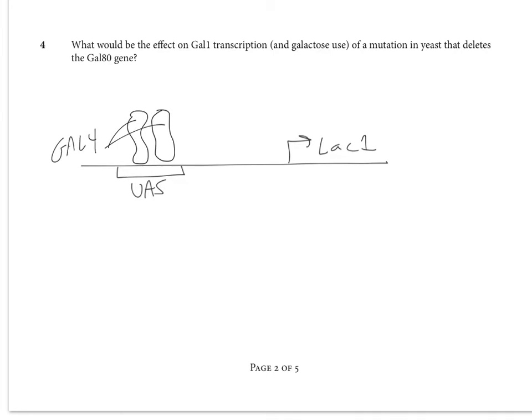And that protein complex will positively interact with proteins to recruit things like RNA polymerase to the transcription start site to transcribe gal1, enabling the yeast to use galactose that's present in the medium.